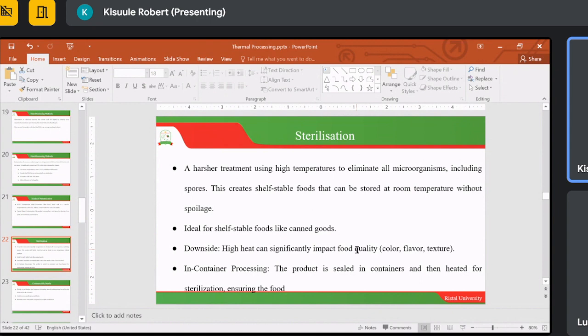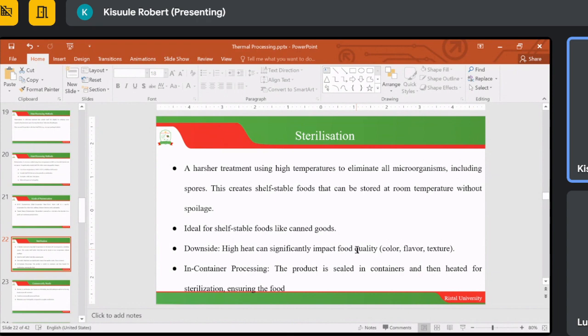We are saying this creates shelf-stable foods that can be stored at room temperature without refrigeration. However, when we looked at pasteurization, we saw that for some of the foods submitted to that heat treatment we tend to use further methods such as refrigeration, and also for the blanching method, we tend to use refrigeration to prevent these foods from going bad and so on.